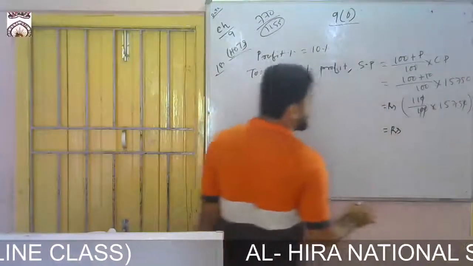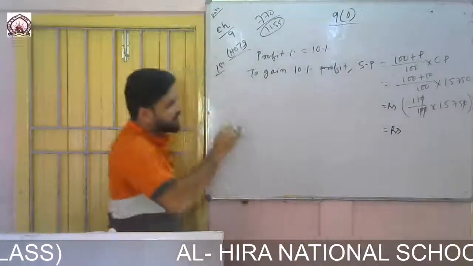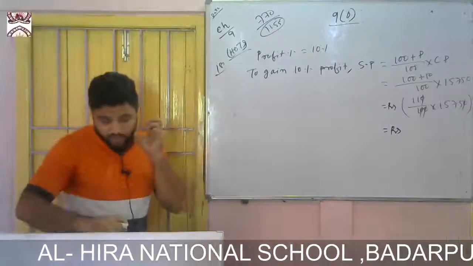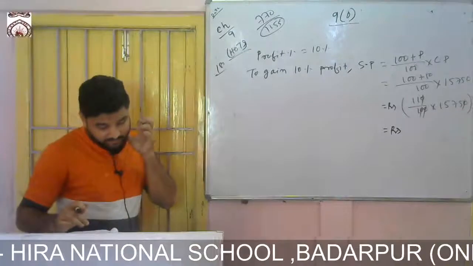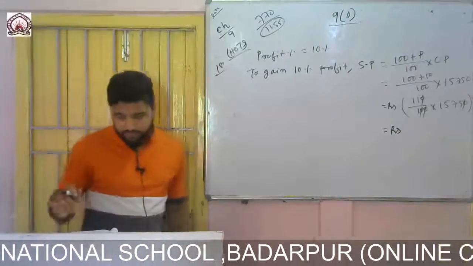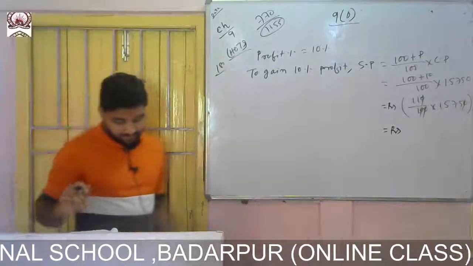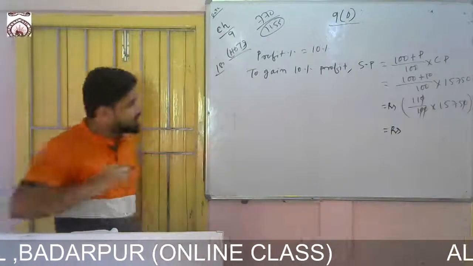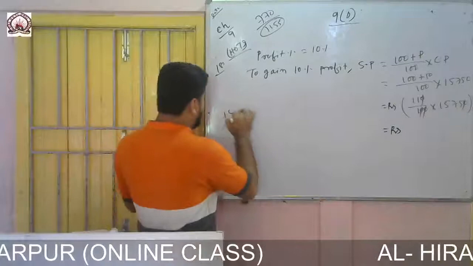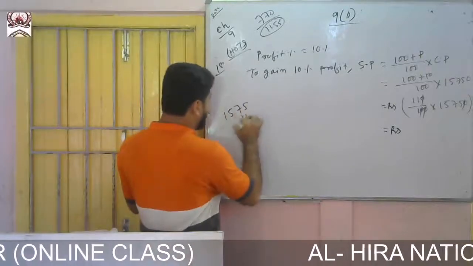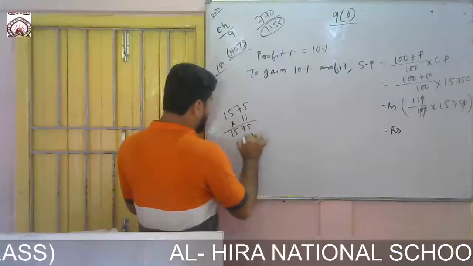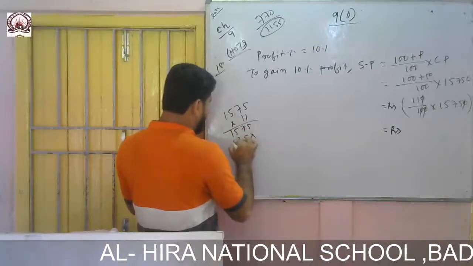Okay, so multiply 1575. If you multiply 1575 into 11, that is what? 1575 again into 5751.